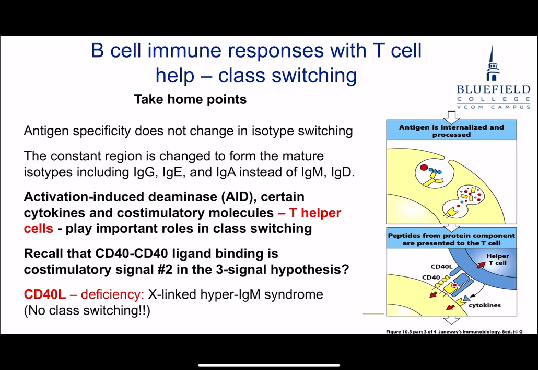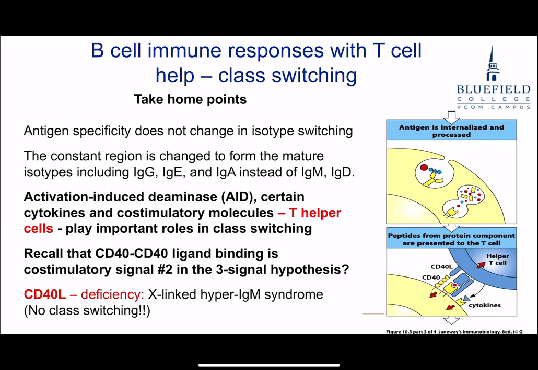They can make IgM, but they don't do the isotype class switching because of the deficiency in CD40 ligand. So they just have a bunch of IgM, but they can't go any farther than that. So they're less efficient in their humoral immune responses because they still have that low affinity binding with the IgM.